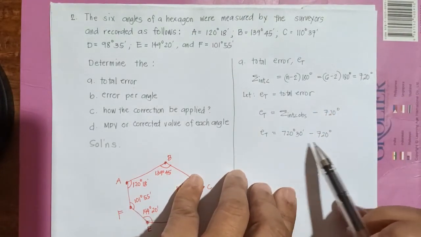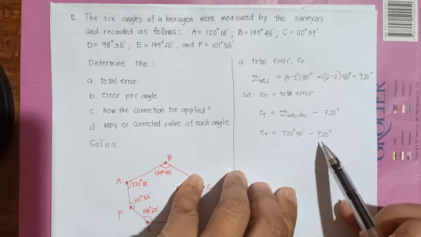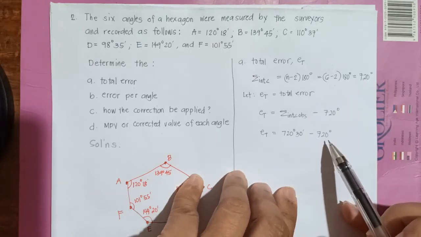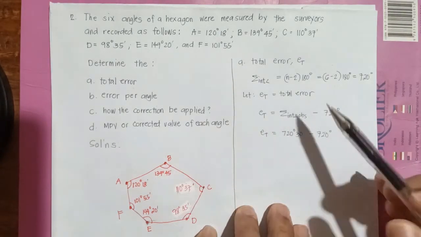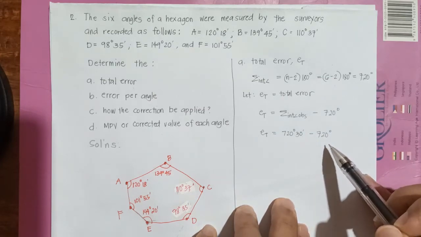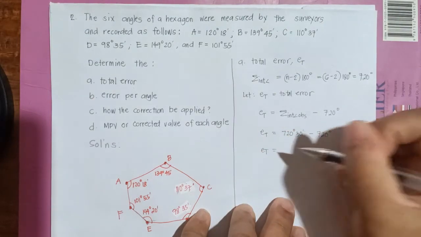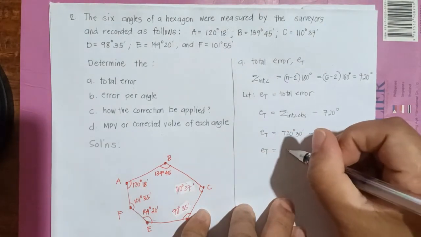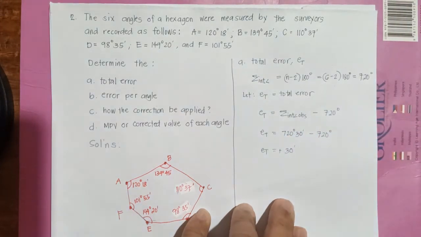So if you look at this value, 720 degrees 30 minutes versus 720, meaning there is an excess of 30 minutes in your total observation. Finally, simplify that: you have a positive 30 minutes.